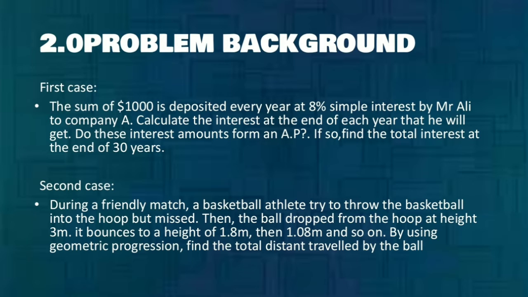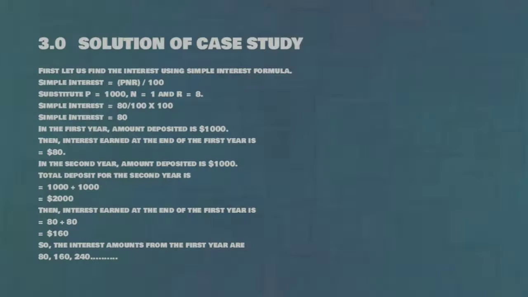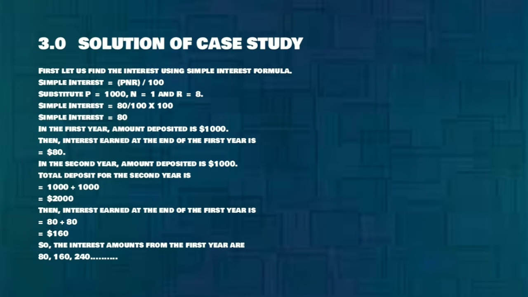Determine the progression of this problem and find the total interest at the end of 30 years. First, we need to find the interest by using the simple interest formula. Simple interest equals 80 over 100 times 1000. So, the interest is 80.